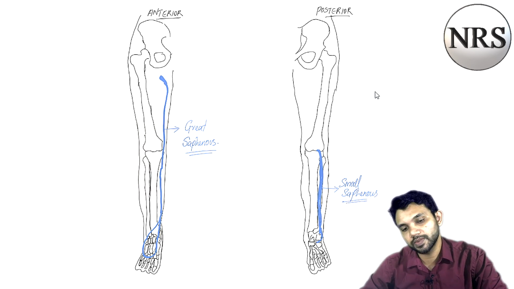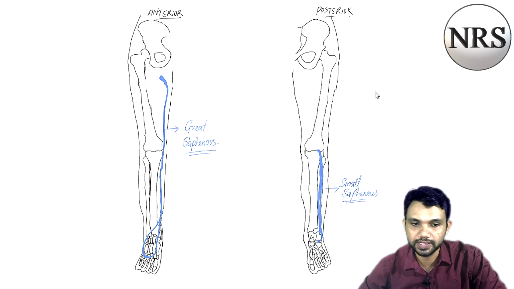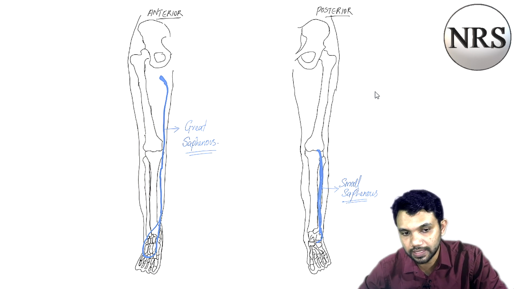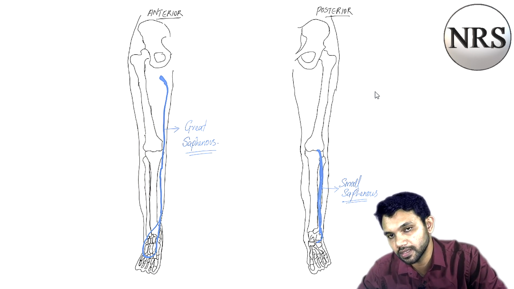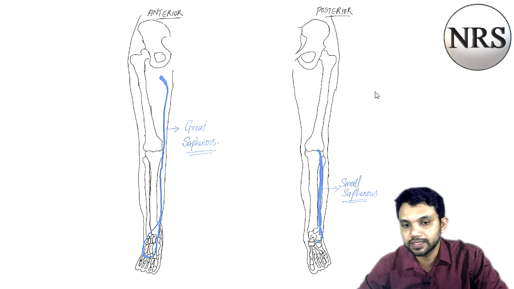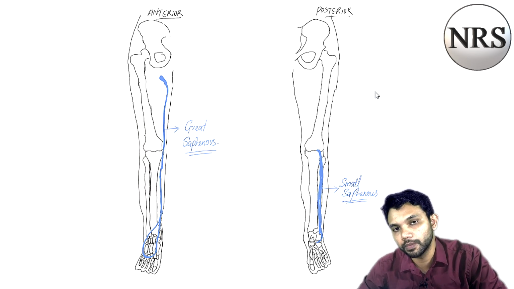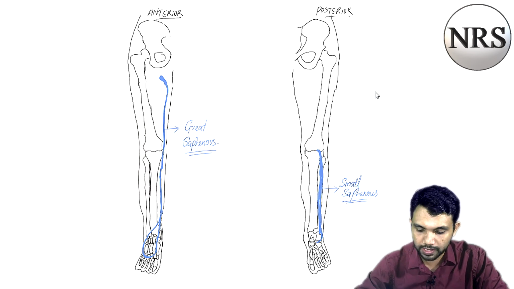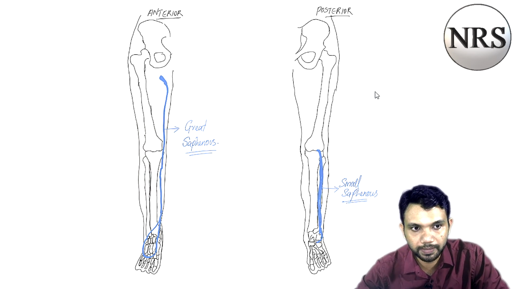This small saphenous vein is on the lateral side, the great saphenous is on the medial side, this is in the anterior aspect, this is in the posterior aspect, and this joins with the femoral vein, this joins with the popliteal vein. Okay, so let's complete this diagram.